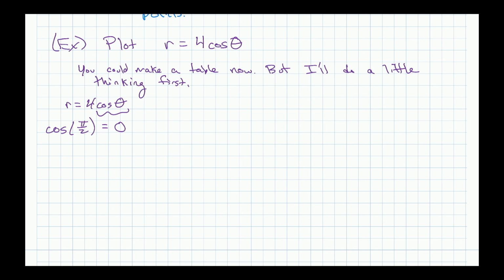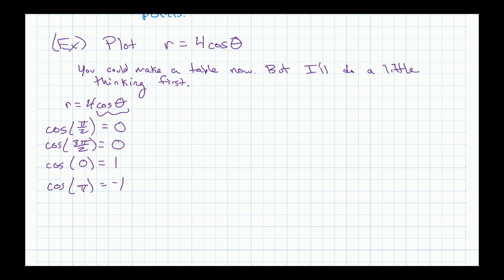And cosine of 3 pi over 2 is also 0, whereas cosine of 0 is 1, and cosine of pi is -1. Those are values that you know from earlier in the semester, and if you know those, that actually helps you graph this curve.